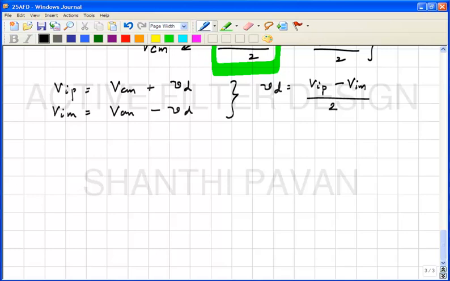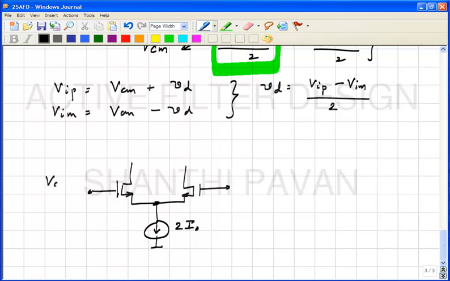Okay. Now, in our study on differential pairs in the basic class, we have seen a circuit where it not only amplifies the difference, but is also immune to common mode changes. Correct? And what was that? The differential amplifier, right? In other words, a differential pair like this, if this is VCM plus VD and this is VCM minus VD, correct?